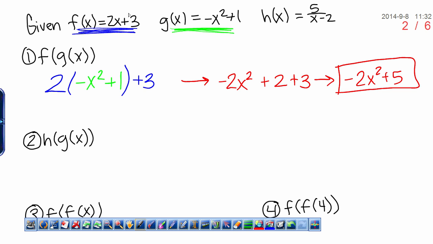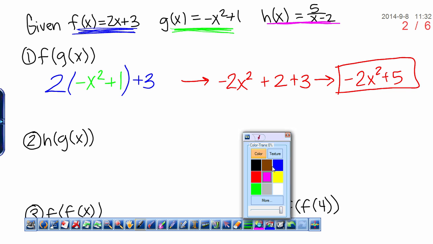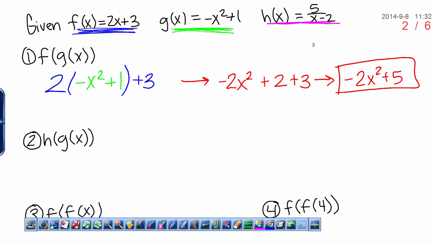Okay, let's try it again. h of g of x. So this time, what are we doing? Good. Replacing x with g of x in the function h. So is the 5 going to change?